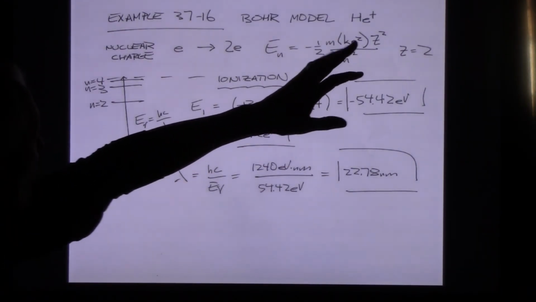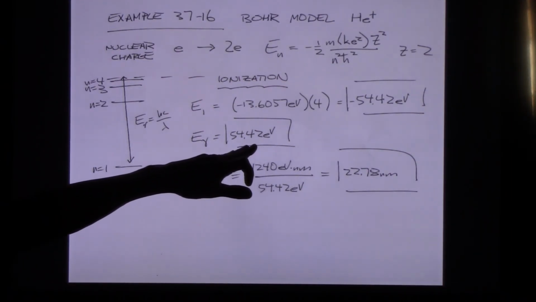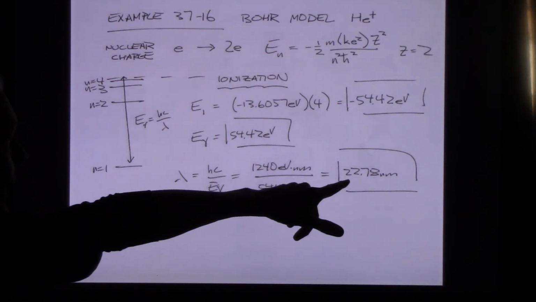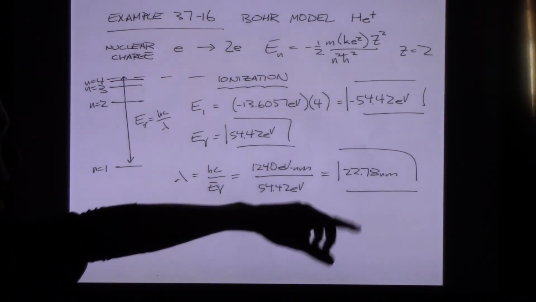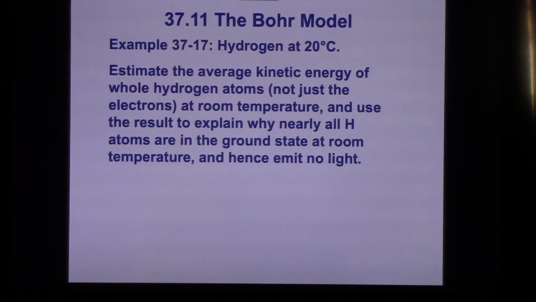So 2 squared is 4, 3 squared is 9. When I do that, the energy required would be 54.42 eV. The wavelength would be, whoa, that's pretty short, 22.8 nanometers. So we're getting down to some pretty short wavelengths, and that continues through the periodic table.